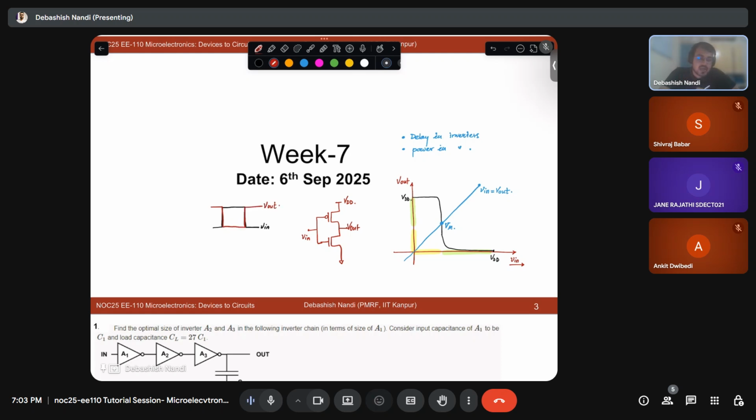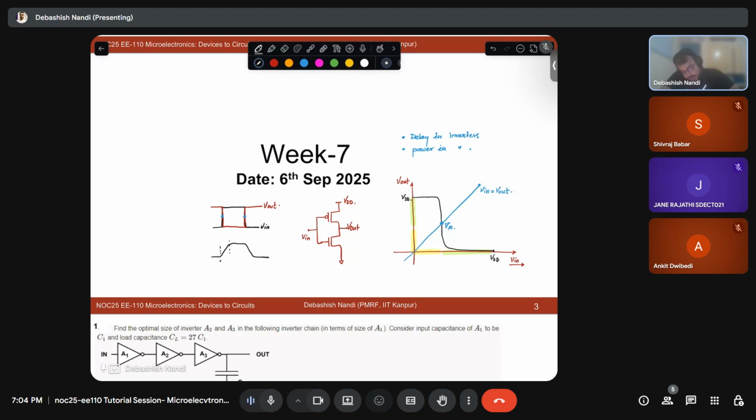The point at which your input and output are changing, or for input and output to be equal, for example, let's say at this point, if they become equal, that window of time is very little, right? But this is for the ideal case. That does not happen in the real world. In the real world, you will have your input something like this. There will be a certain rise time and a certain fall time.